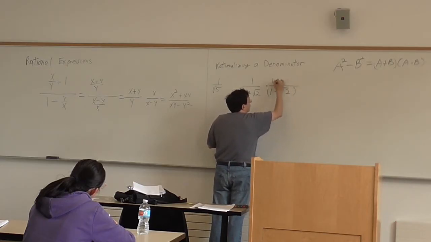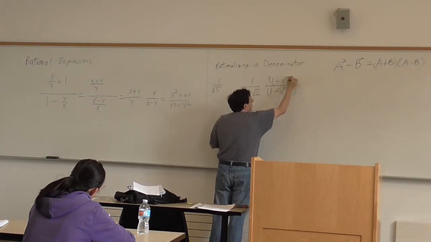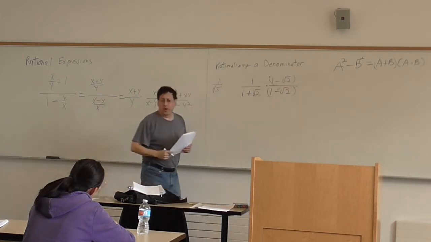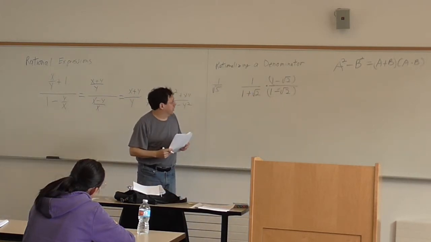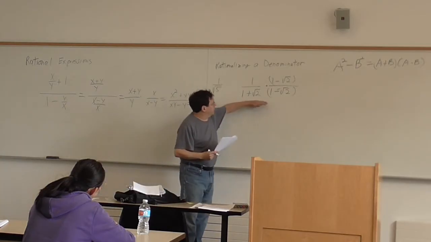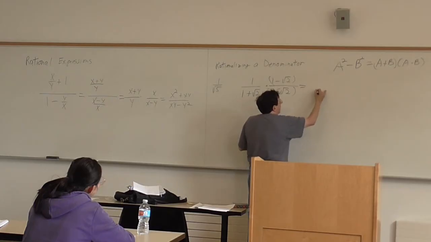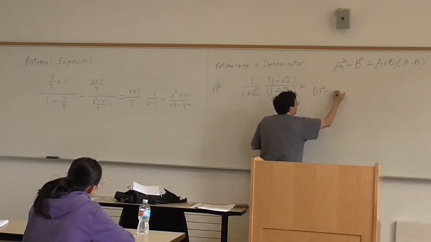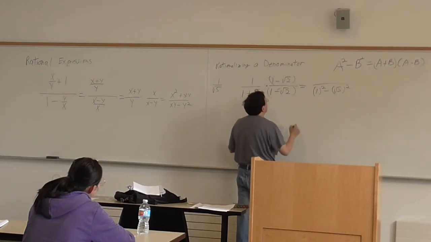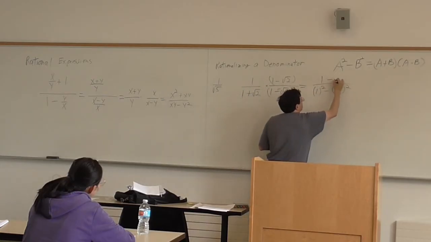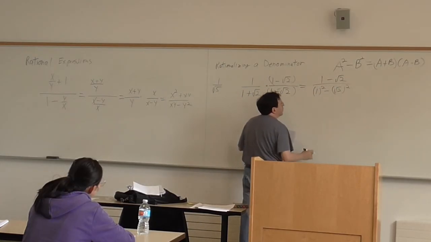Well, of course I have to always multiply by 1, so I don't change this. Now you can see what's going to happen here. On the bottom, I'm going to get 1 squared minus square root of 2 squared. On the top, I just have 1 minus square root of 2.